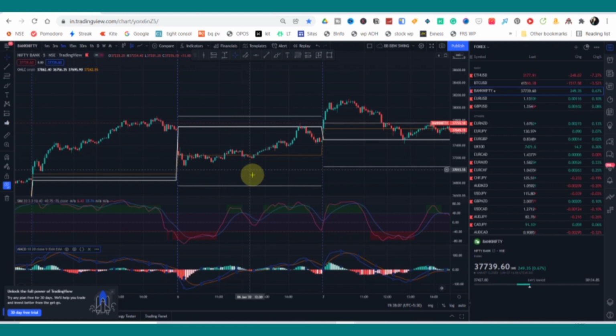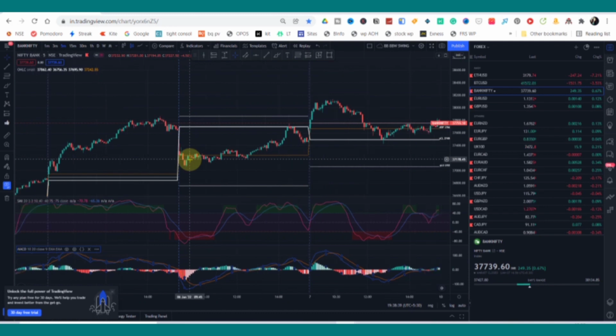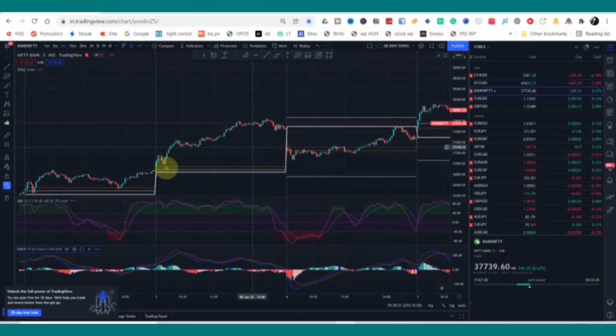Okay, so probably the next level would be the first signal. Okay, so here you can take the trade and book some quick profits or exit at the next level. So exactly it has respected that level, or you can quickly book some profits and leave according to your risk reward ratio.